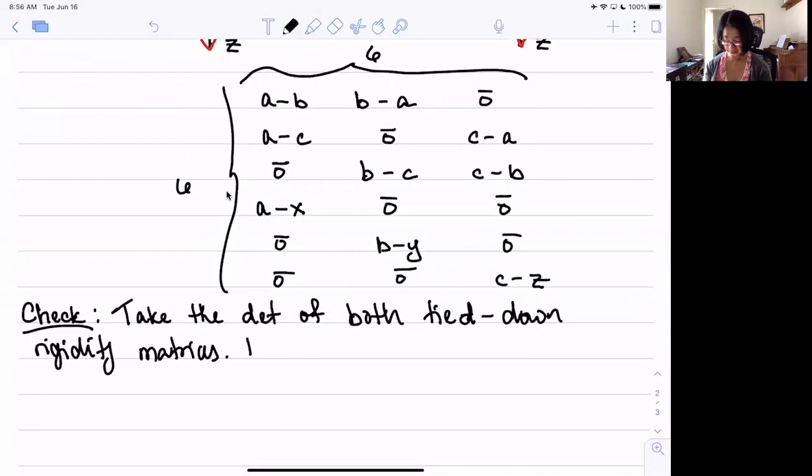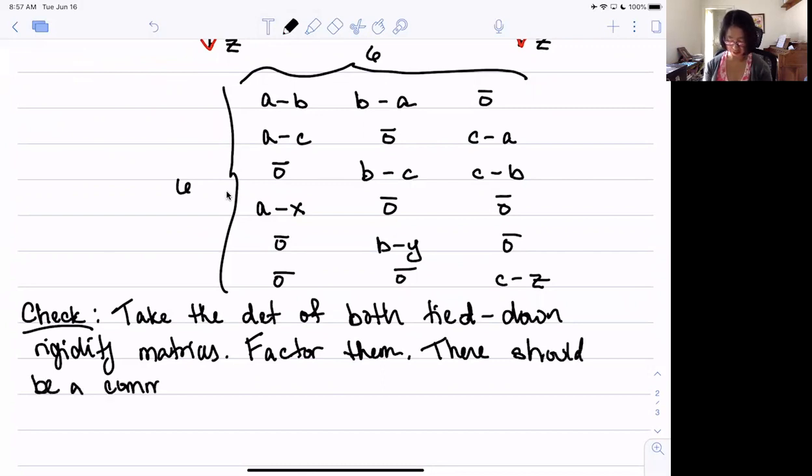Then you get a polynomial, factor them. There should be a common factor. And if figuring out how to factor is difficult in MATLAB, I'm not sure how easy it is.